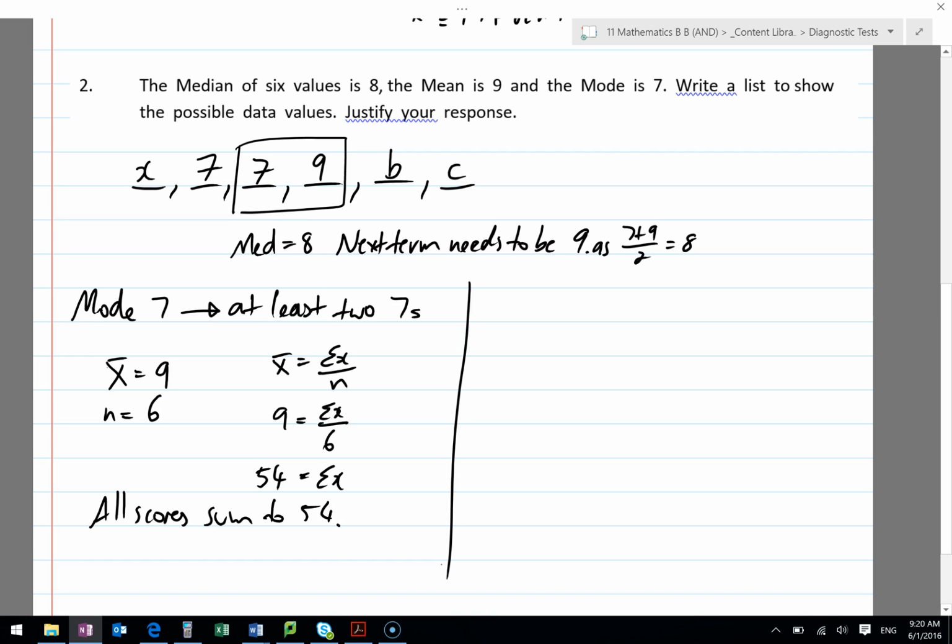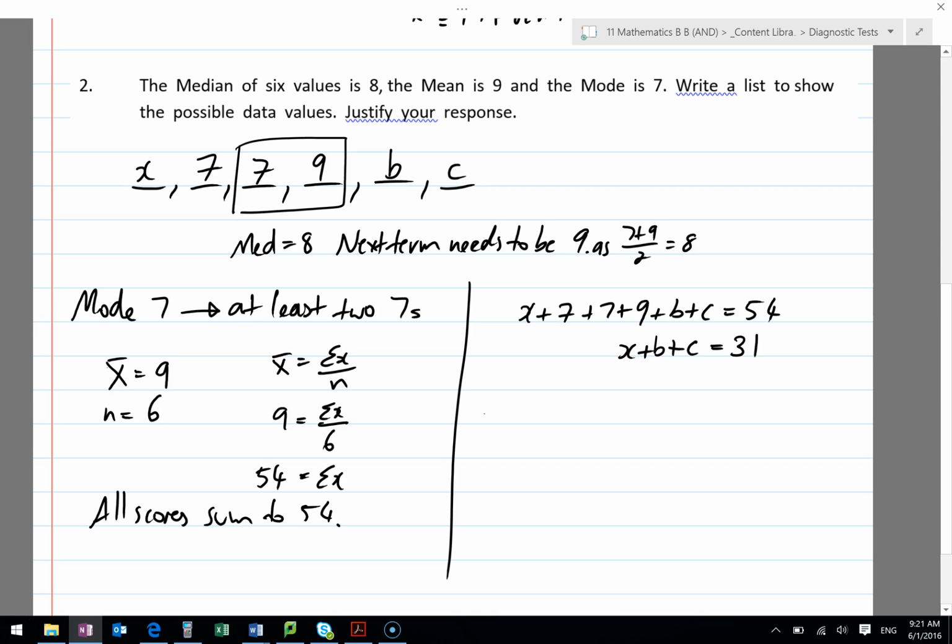So I know that x plus 7 plus 7 plus 9 plus B plus C, adding all these together, I should get 54. So I can rearrange this and get these three need to add to 31. I'll see if I can think of some other conditions on here.